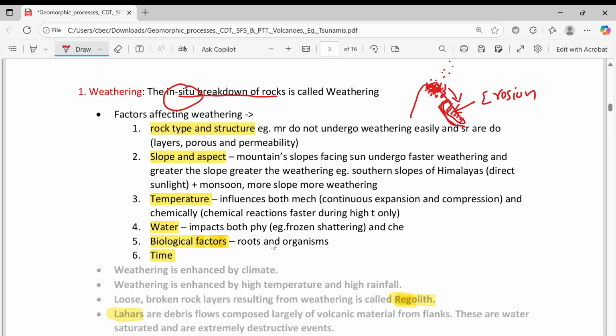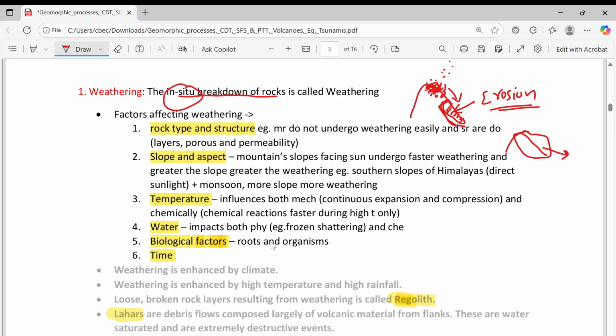This cutting is called erosion. Sometimes, if the entire mountain part is coming down, this is mass wasting. We call it mass wasting.